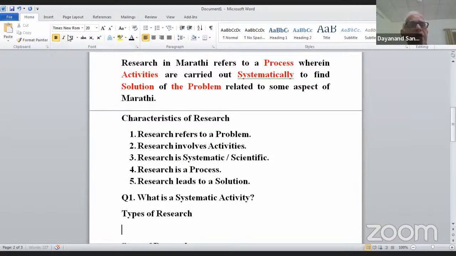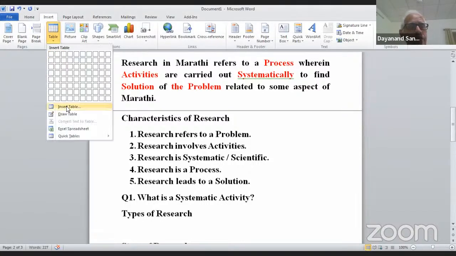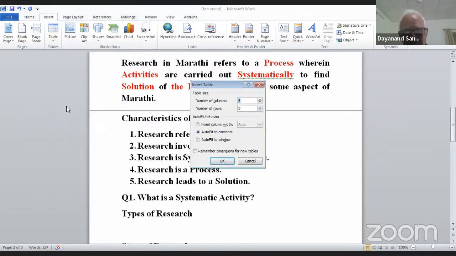Can any one of you tell me what types of research you know? Fundamental research, historical research, all right. What else? Action research. Okay, what else? Pure research and ex post facto research. What else? Experimental research.